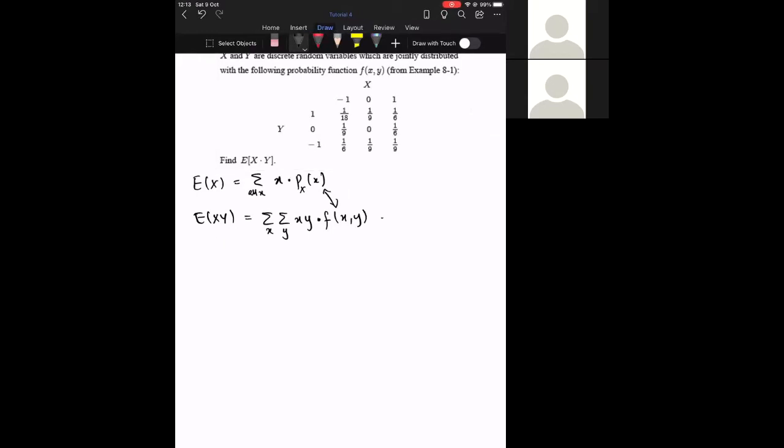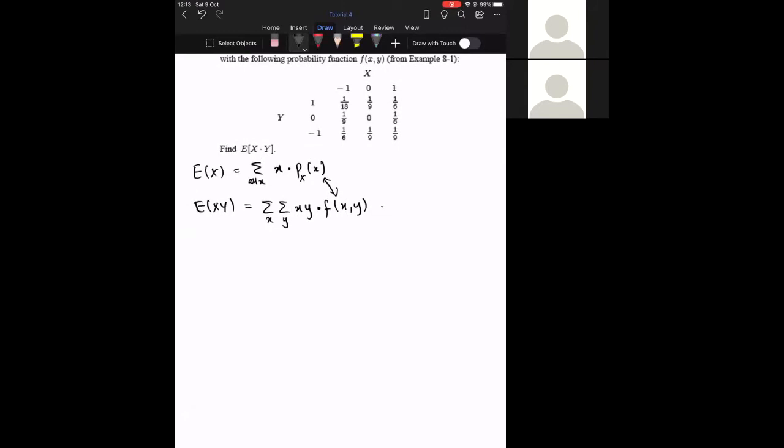So all we need to do is sum all the values, all the combinations together.